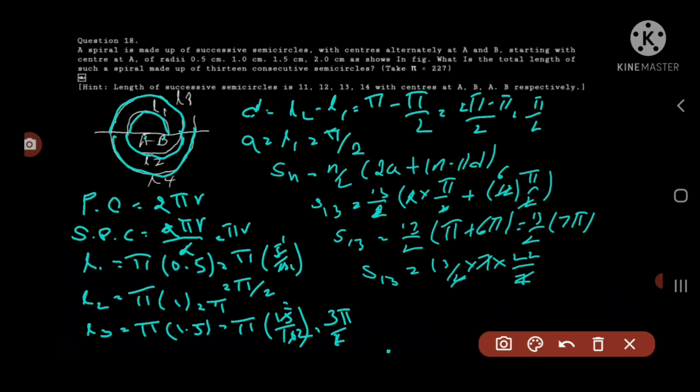The 7s cancel here. 2 and 2 ones are 2, 2 elevens are 22. Now S13 is equal to 13 into 11. 13 elevens are 143 centimeters. Now the length of the spiral is 143 centimeters.